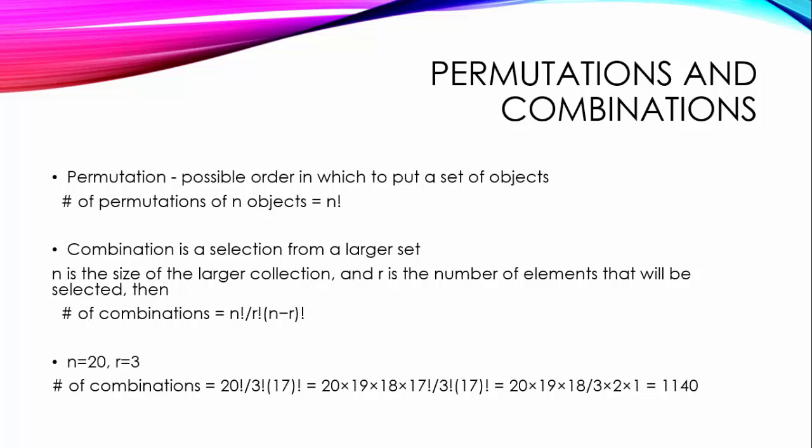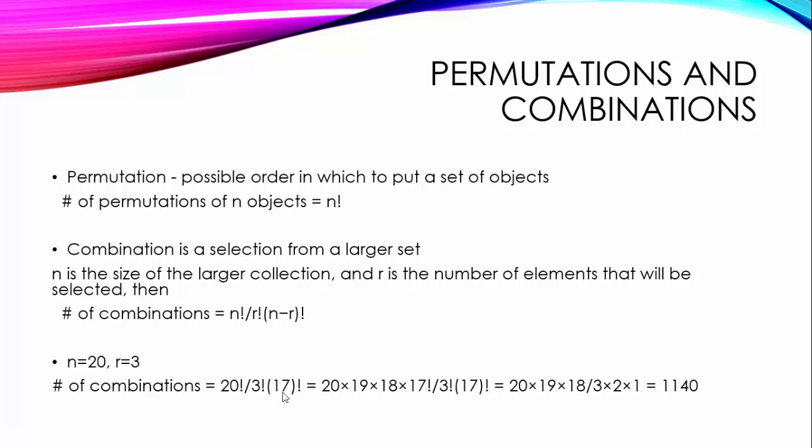Again, this looks complicated, but it gets simple very fast. In the question just posed, n is equal to 20, r is equal to 3, and n minus r is equal to 17. Therefore, number of combinations is equal to 20 factorial by 3 factorial into 17 factorial.